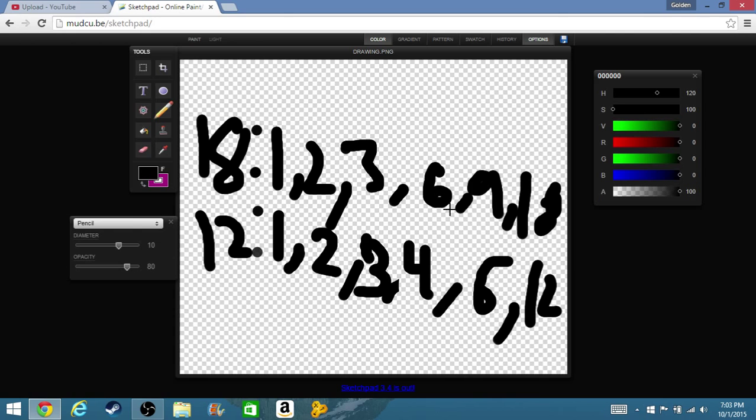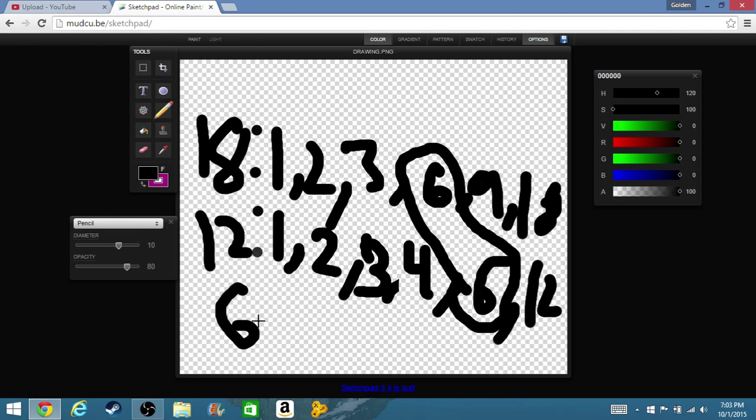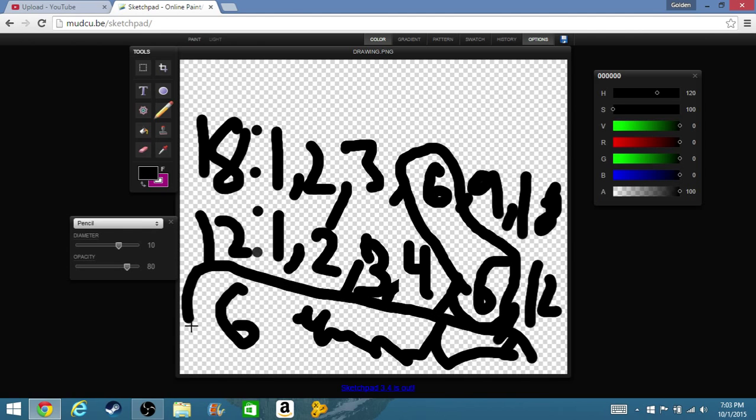So can you guys find the GCF? The GCF is 6. So that would mean the answer is 6, which was correct. Whatever the word problem says, circle that, or if it isn't a word problem, just the 6.